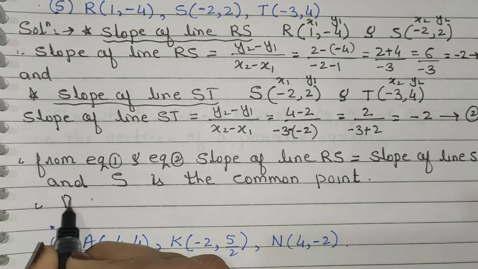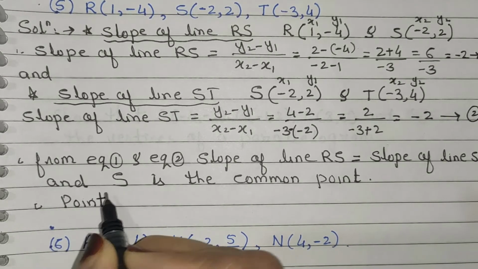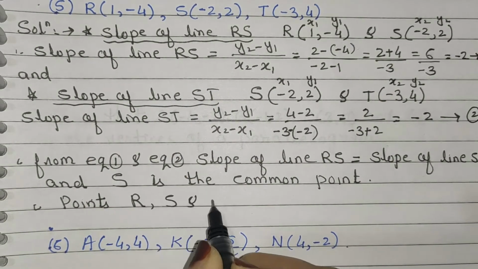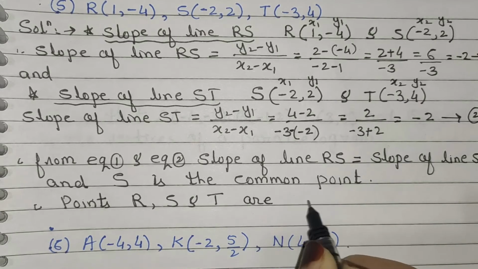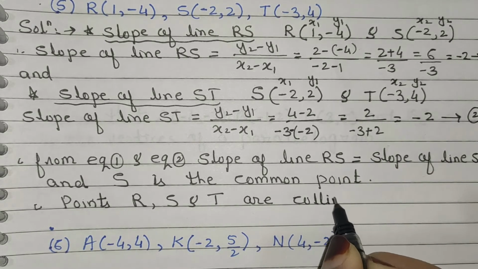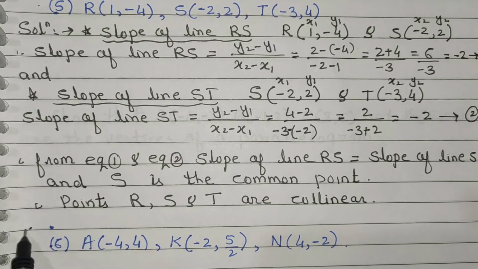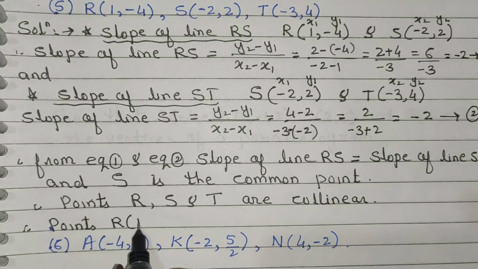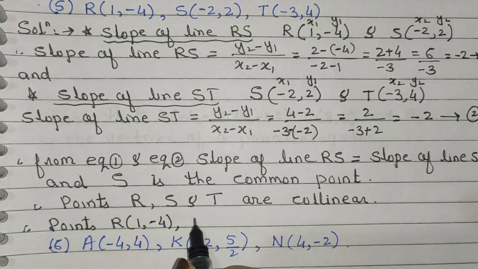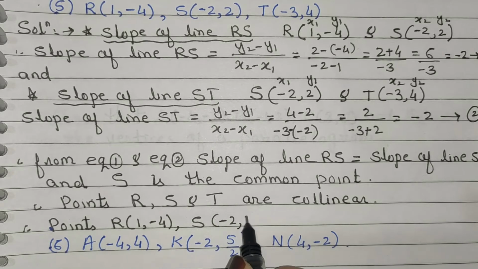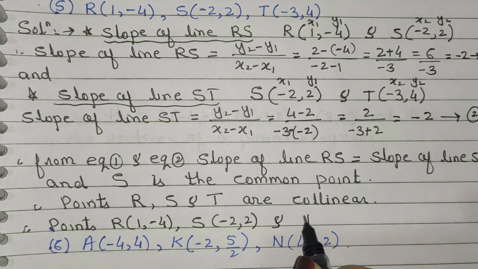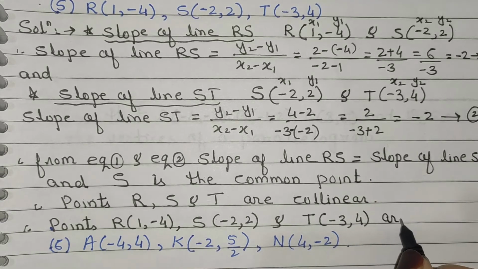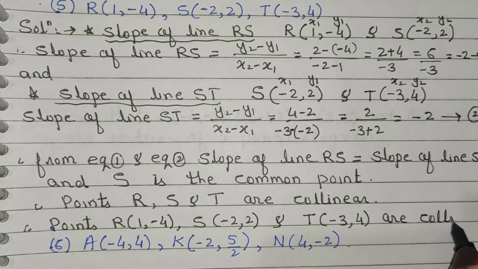Therefore points R, S, T are collinear. Therefore points are R(1, -4), S(-2, 2) and T(-3, 4) are collinear.